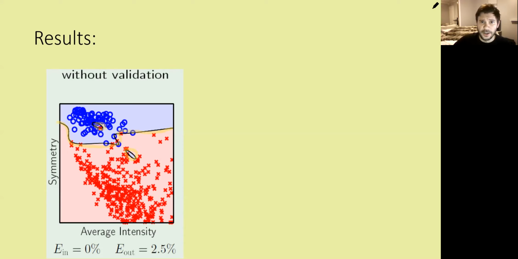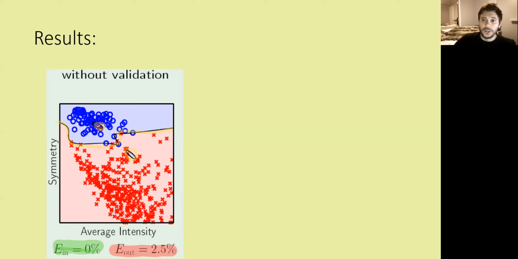And you can see here with a very complex relationship, one good thing that happened is we drove that in-sample error down to 0. But our out-of-sample error was up at 2.5% on the test set.